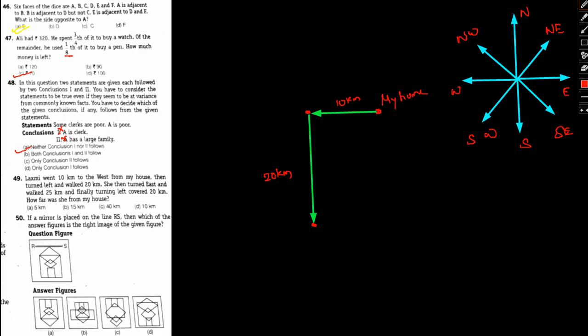Then she turns east and walks 25 kilometer, say here, till this point. And then subsequently, turning left, she covers another 20 kilometer and she is at this point.